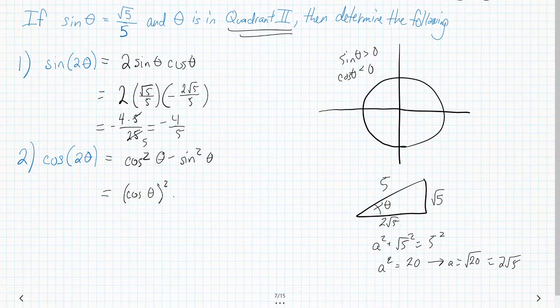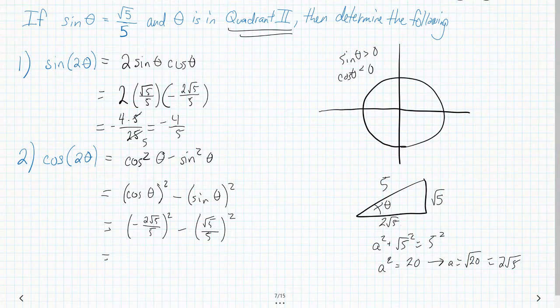And then minus sine of theta squared. Well, we know what cosine of theta is. We just did that. It's going to be negative 2 root 5 over 5, the quantity squared, minus sine of theta is going to be just root 5 over 5, and that quantity is going to be squared.